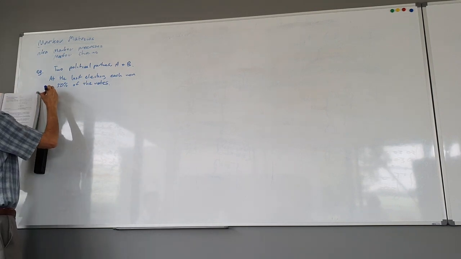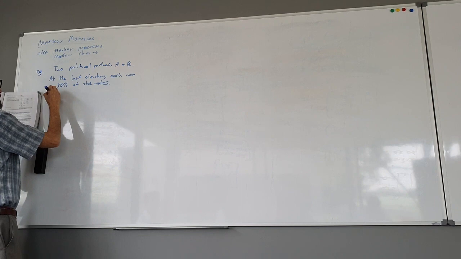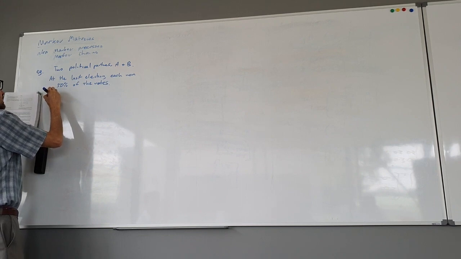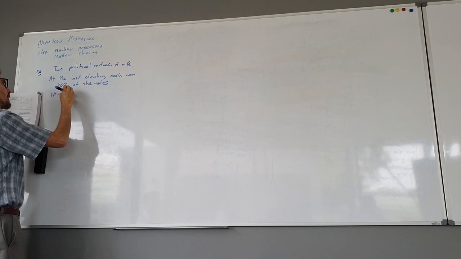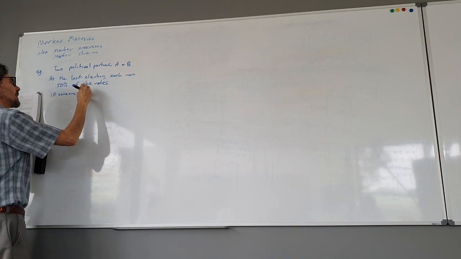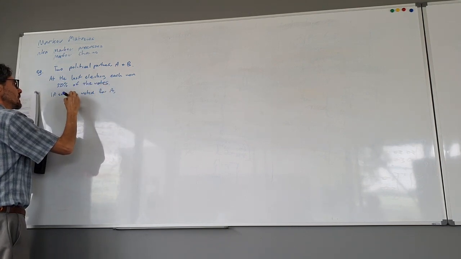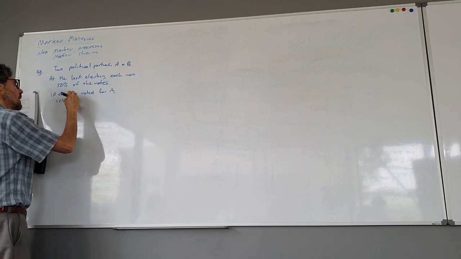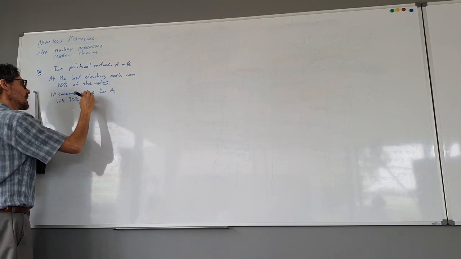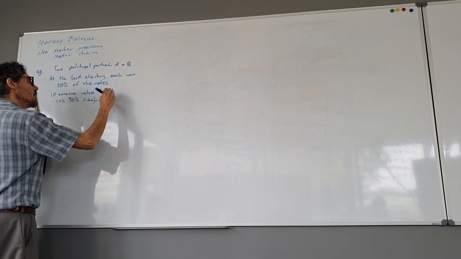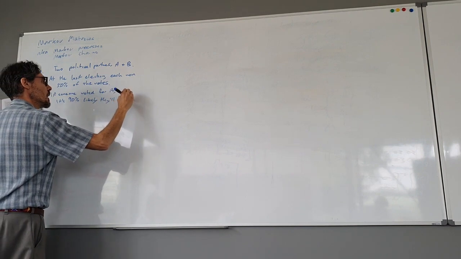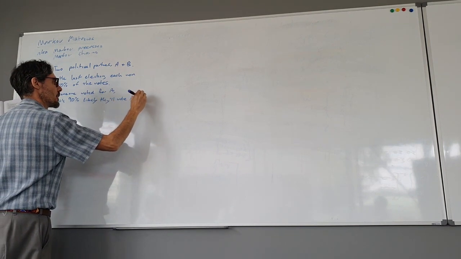It's known that if someone in this area voted for A, it is 90% likely they'll vote for A next time.